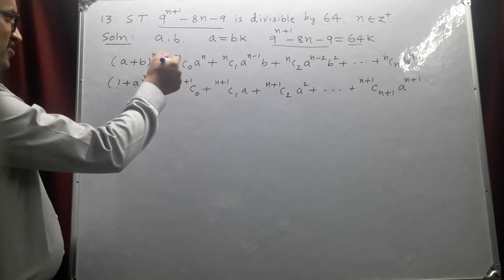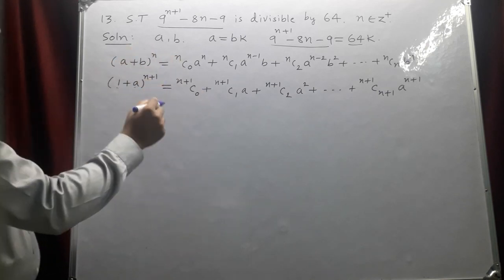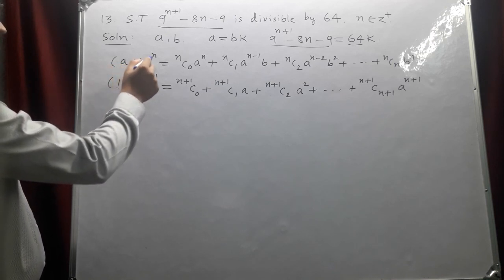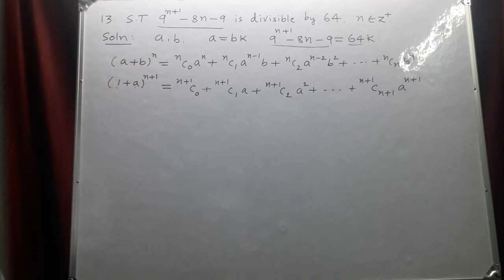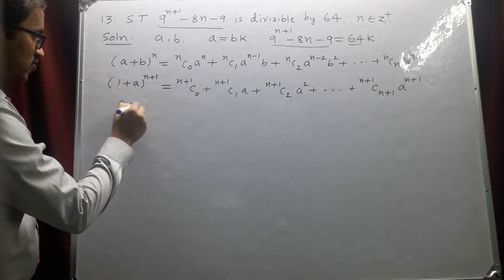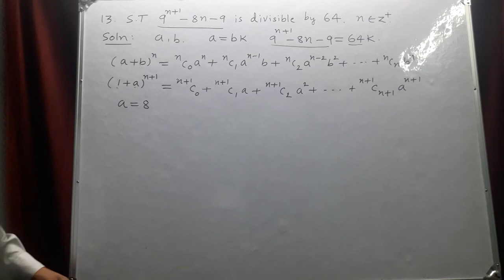So we are just modifying the binomial theorem by taking a = 1, b = a, and n as n + 1. Now suppose I take a = 8.